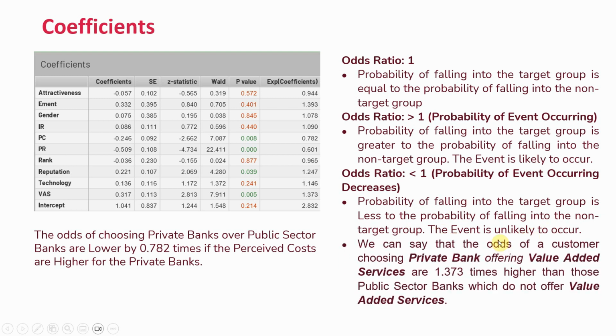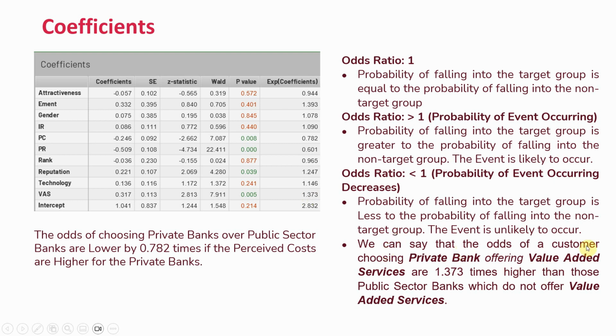Now, let's use these results and explain this. Now, value-added services here is 1.373, which is greater than 1. That is, the probability of falling into the target group is greater to the probability of falling into the non-target group. Now, what does this mean?